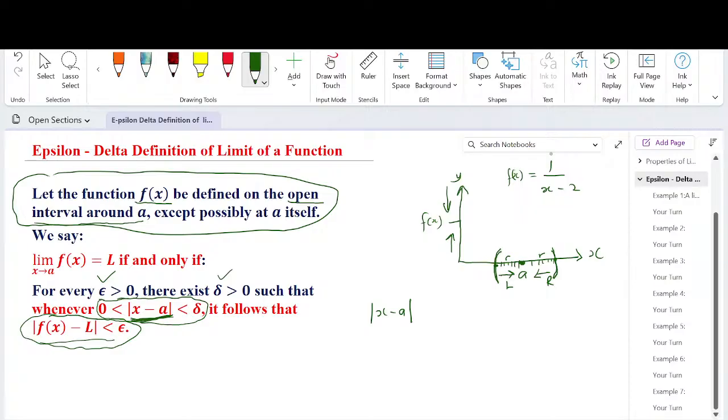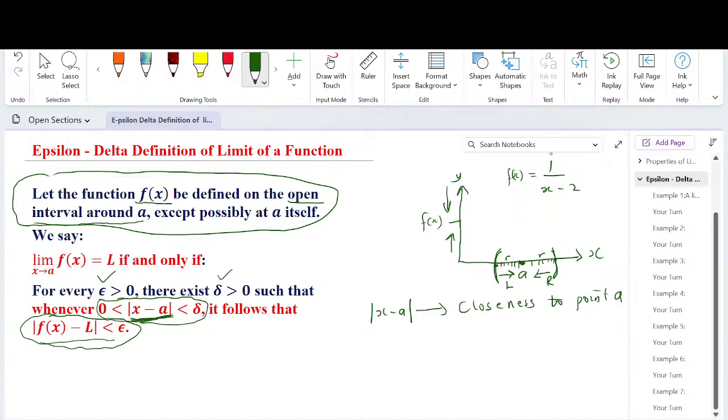That is what we are trying to do. So you can say that this will give you the closeness to point A. That is what it's going to tell you.